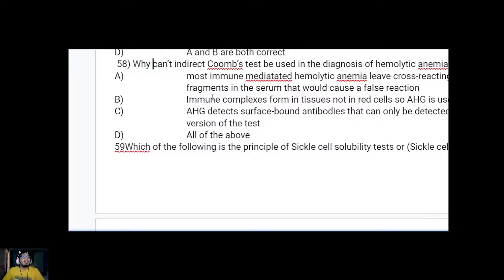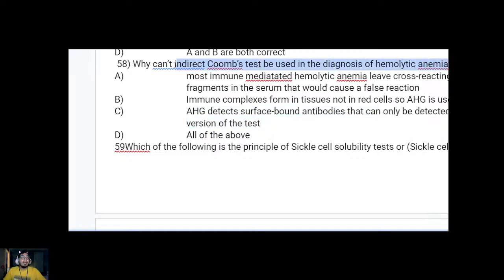Why can't the indirect Coombs test be used in the diagnosis of hemolytic anemia? Number 58. How many people were able to answer? A lot of people answered D, all of the above. No. The correct answer is letter C. AHG detects surface-bound antibodies that can only be detected by the direct version of the test.